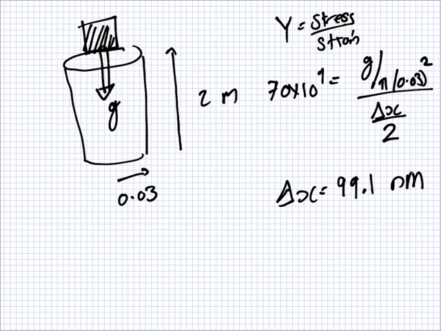How big's a nano? 10 to the power negative 9. And then G divided by pi divided by 0.03. No, this is the final answer. G divided by pi r squared.